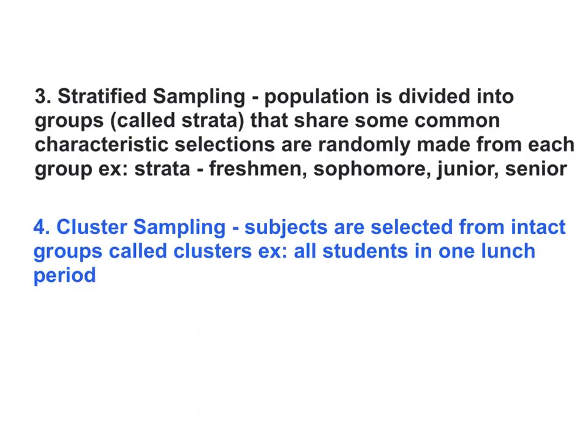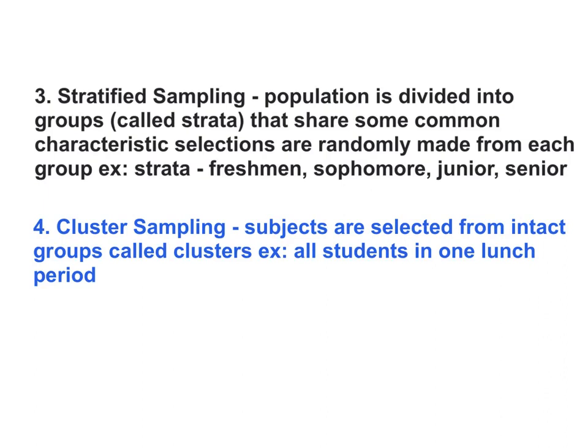And then the last one that we're going to look at is called cluster sampling. Sometimes cluster sampling is called convenience sampling. So for example, if I was, again, doing a study of Bishop Moreau students, and I just selected my 7th period to choose to participate in the study, I've clustered you guys together in one group, my 7th period.